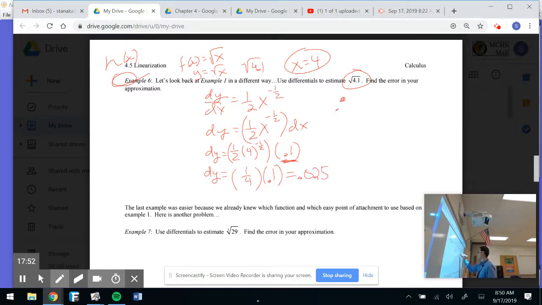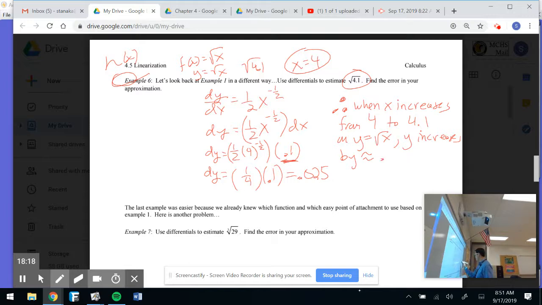Therefore, the most important statement with any of these: when x increases from 4 to 4.1 on the original graph, which is y equals the square root of x, the y increases by approximately 0.025 units, okay?